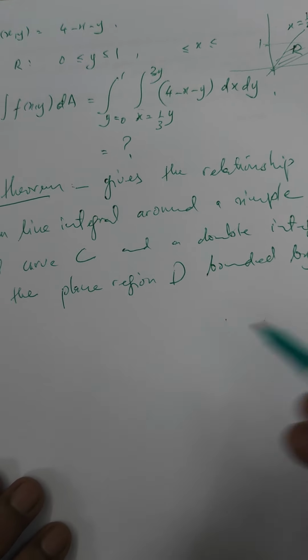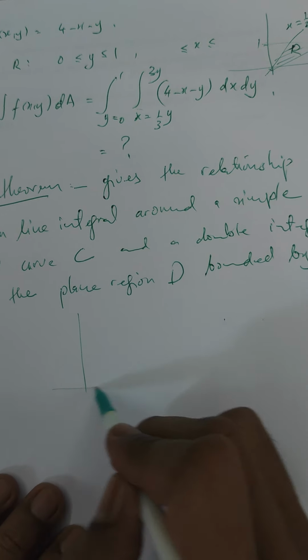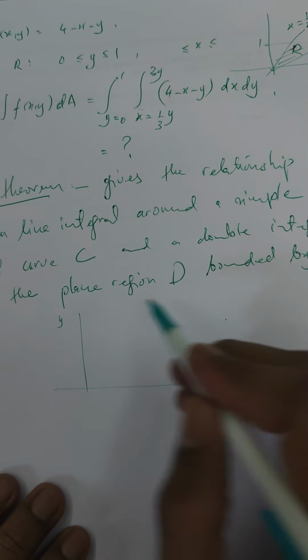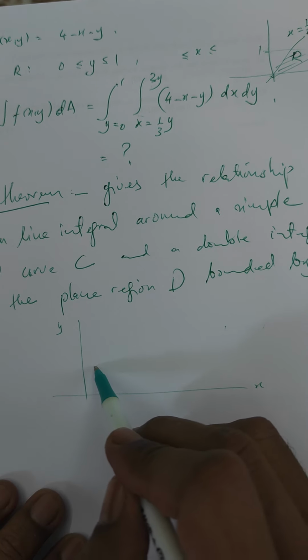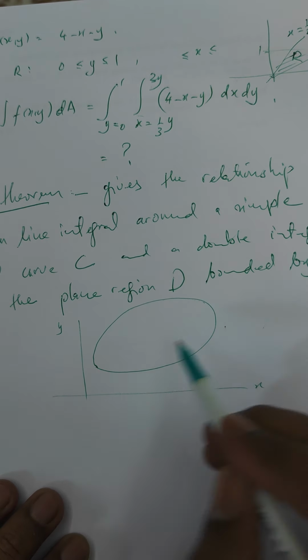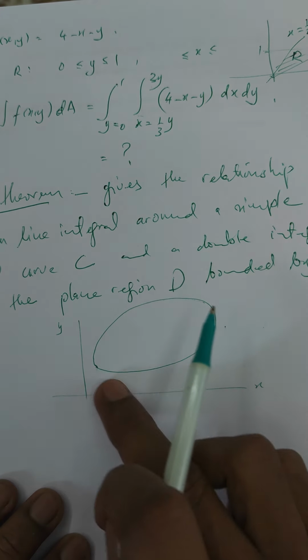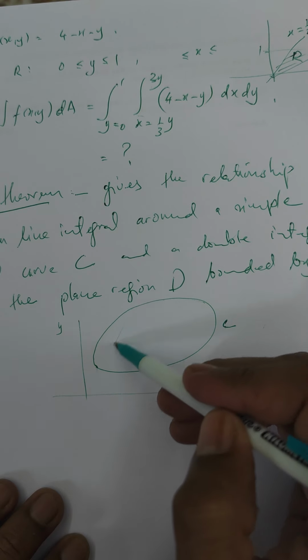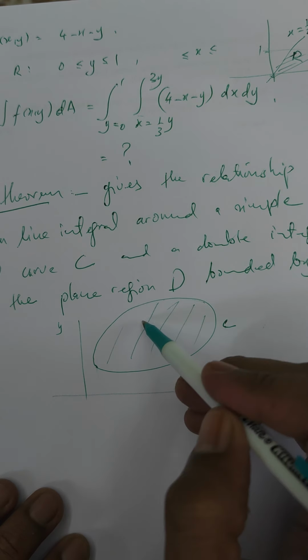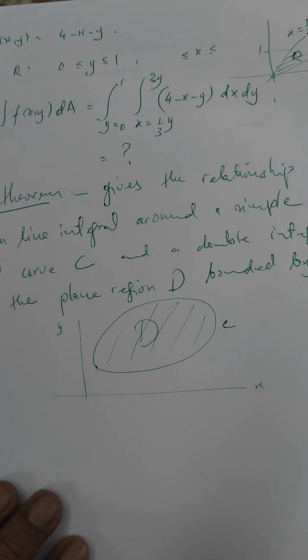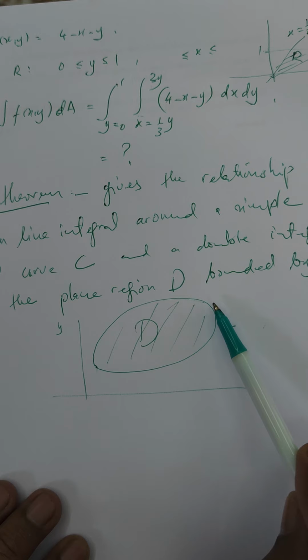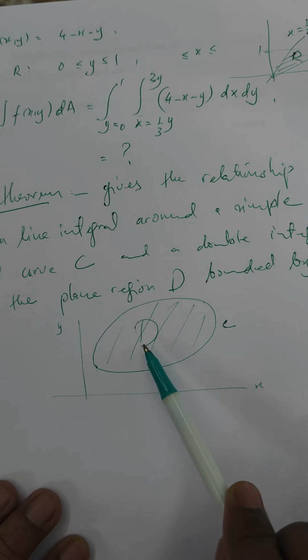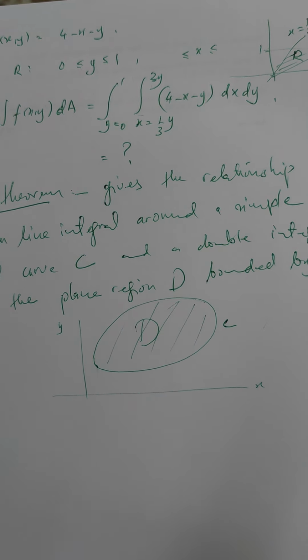So we have, in the XY plane, this contour or closed curve C, and the region enclosed by C is this region D. So we have a closed contour or closed curve C, and D is a region bounded by C. So with that, let me prove the theorem.